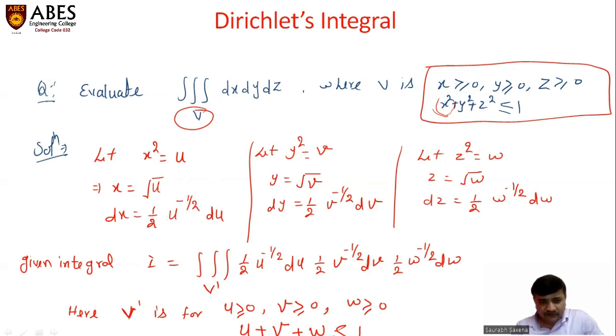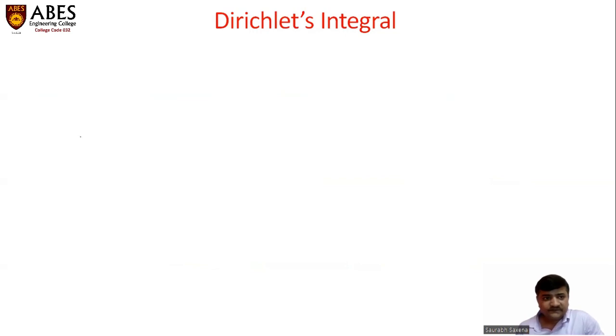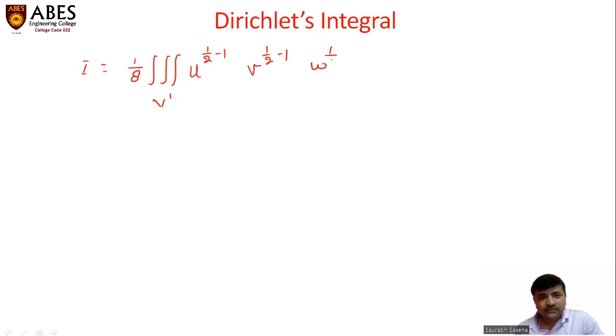It may be further simplified and restructured as I is equal to 1 by 8 triple integral over V dash of u raised to the power 1 by 2 minus 1, v raised to the power 1 by 2 minus 1, w raised to the power 1 by 2 minus 1, du dv dw.